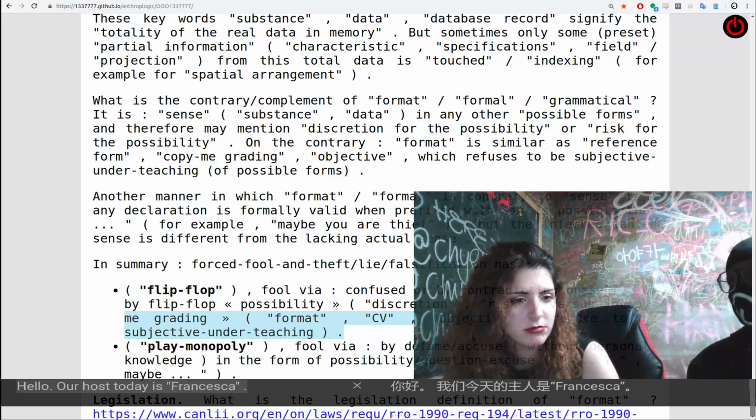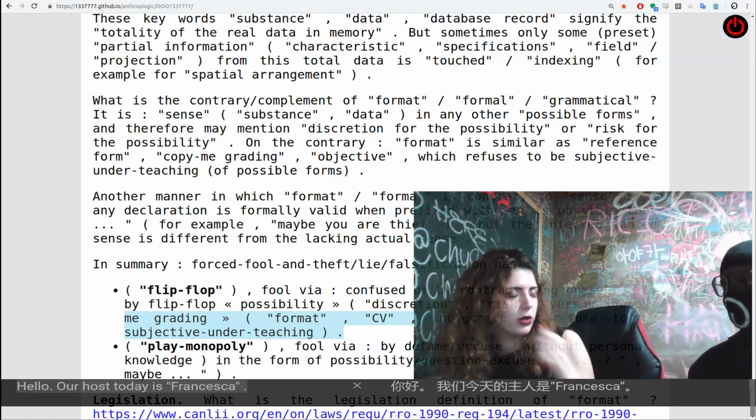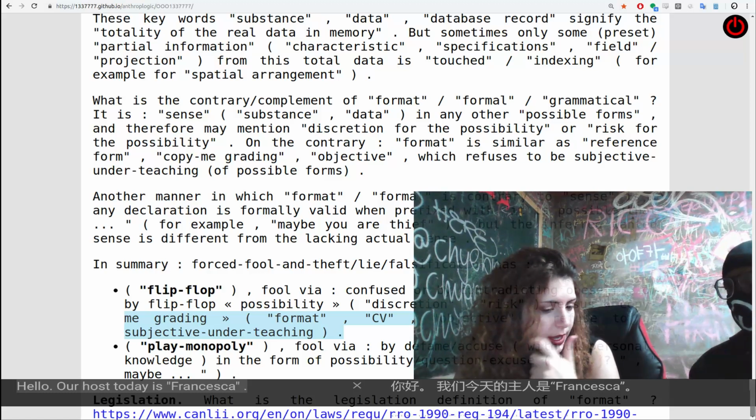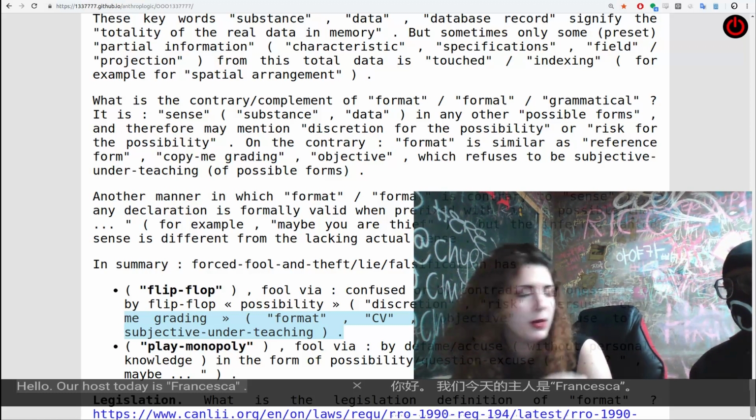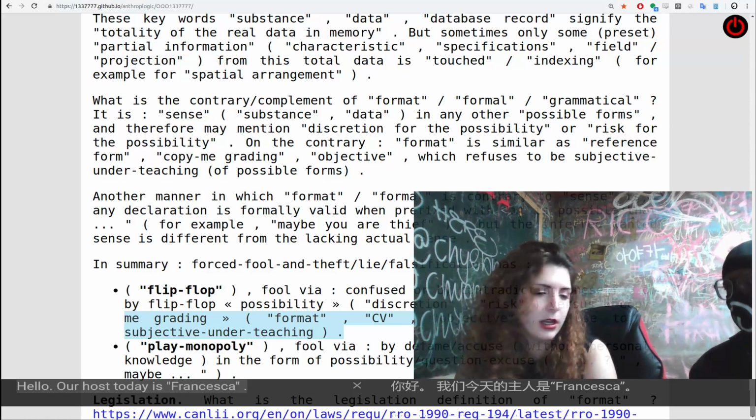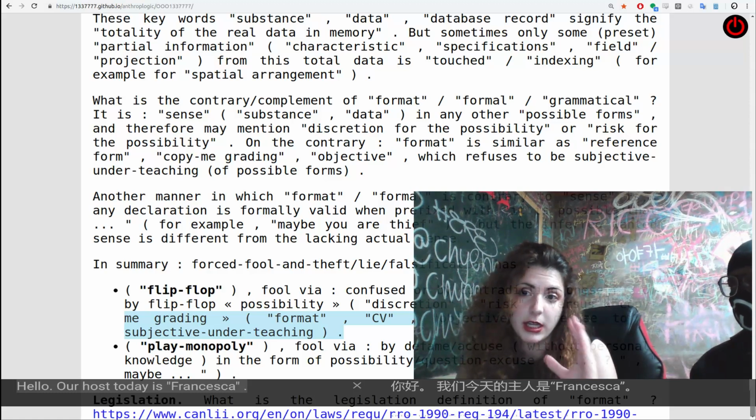Do you have experience of that? Yeah, actually, when you were talking before about it being written by computer instead of handwriting, it happened a lot in Italy when we started to use the computer.